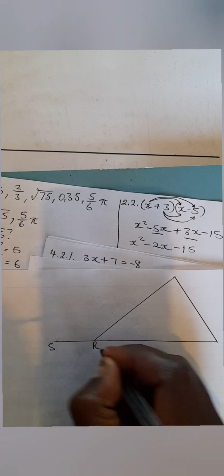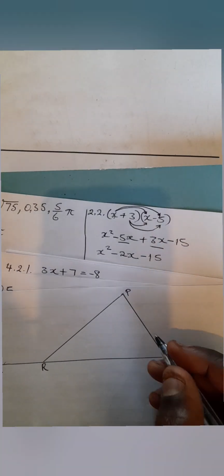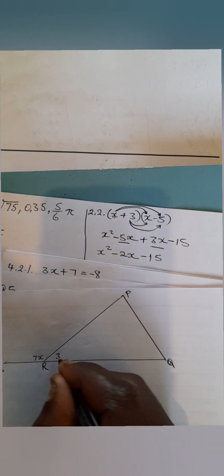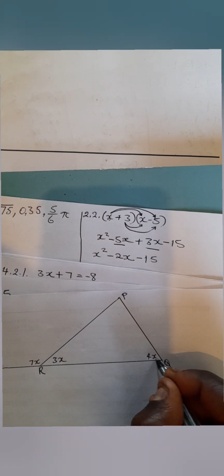Okay, this is point S, R, P, Q. Okay, this is 7x, 3x, 4x.